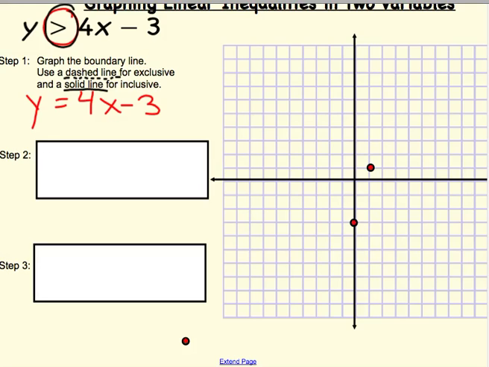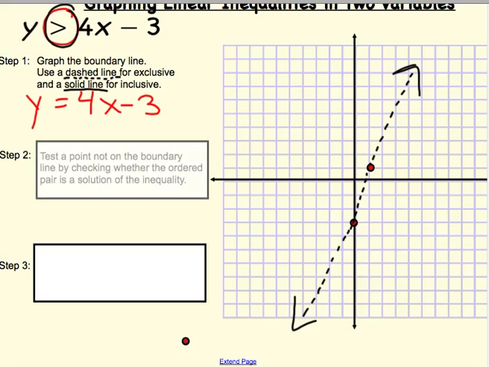So we are going to draw a line that is a solid line. Sorry, a dashed line. So what this does is we have a left side and a right side. And we're going to split it up, and one of these sides is going to contain all of our solutions.